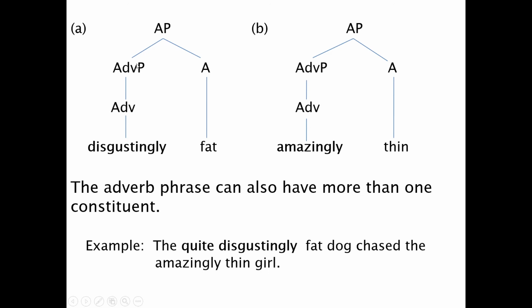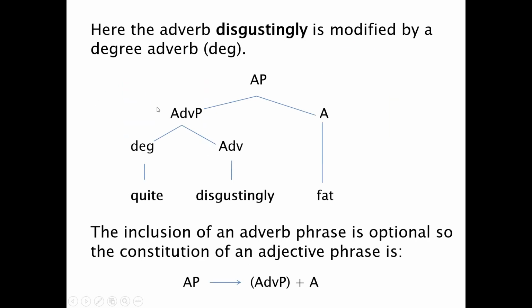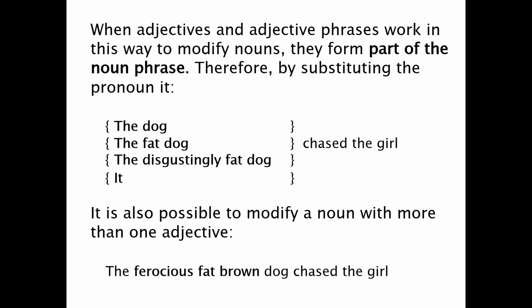Here we have adverb, we have adverb. In the previous example, I said the adjective phrase consists of only adverb. That's why we have adverb phrase, we don't have degree. But in this example, we have quite, that is degree, adverb of degree.